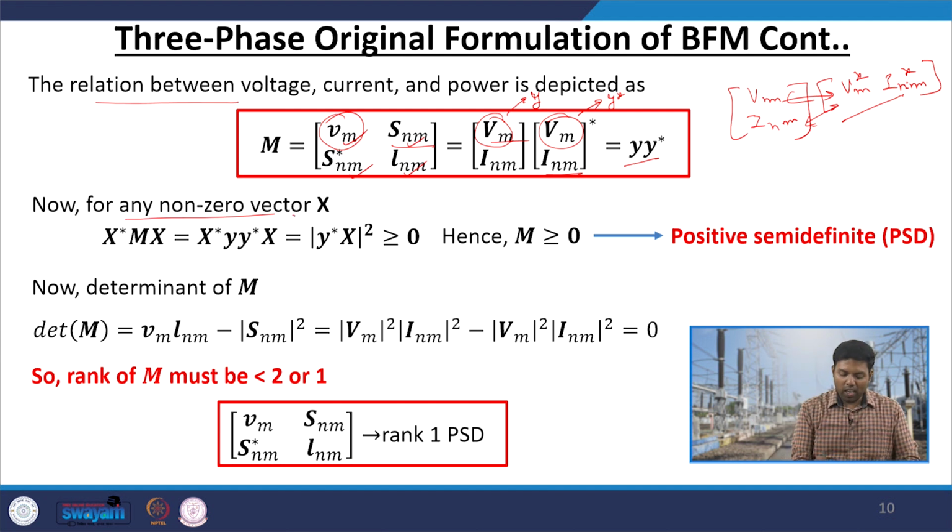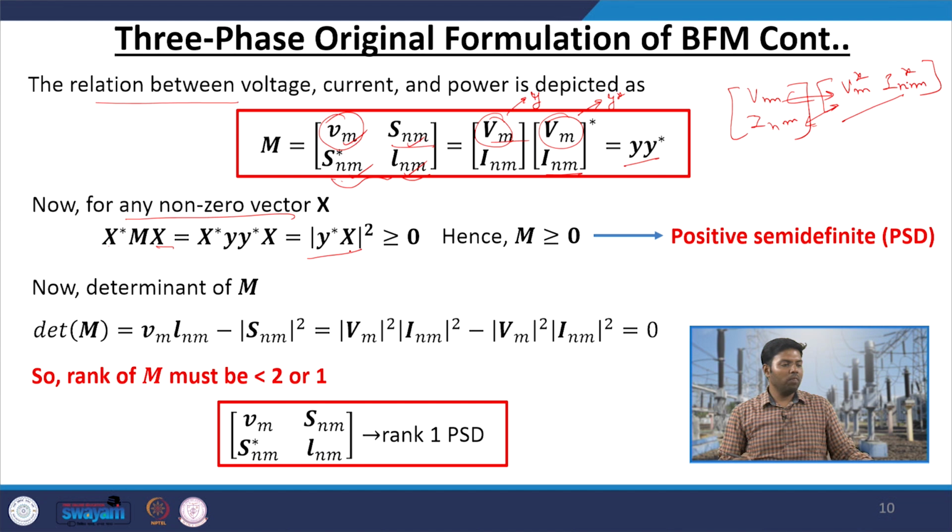Now, for any non-zero vector x, if we multiply x star with this matrix M and x, we will get mod of y star x whole square. Obviously it is a square term, so it cannot be less than 0.